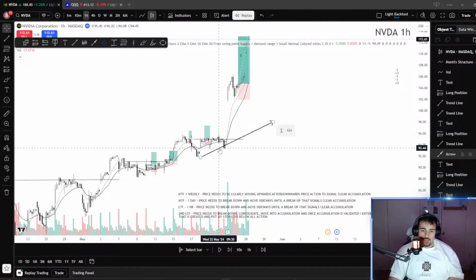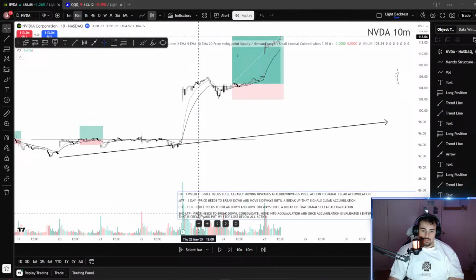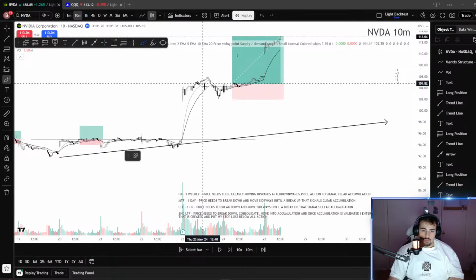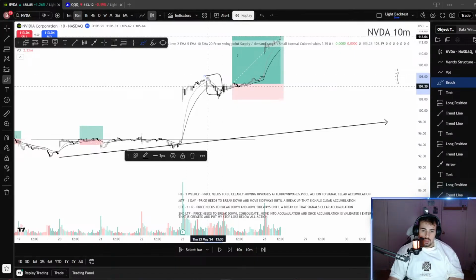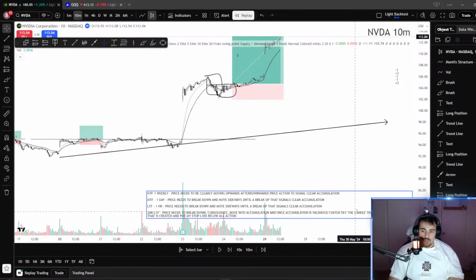Like, look at the 1 hour, it just gaps into complete strength, comes down on the rising 10 moving average, and the 10-minute time frame breaks down. It breaks down, it consolidates, proves accumulation out of that consolidation. And once accumulation is validated, I enter off the candle that breaks past the highs.